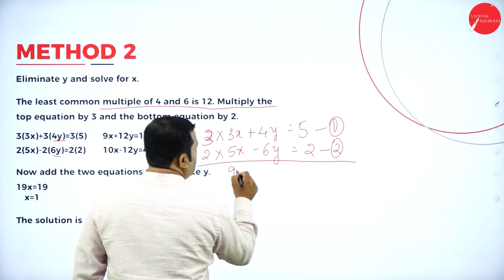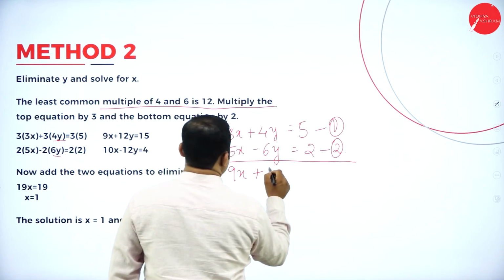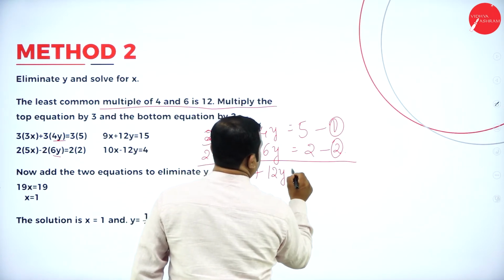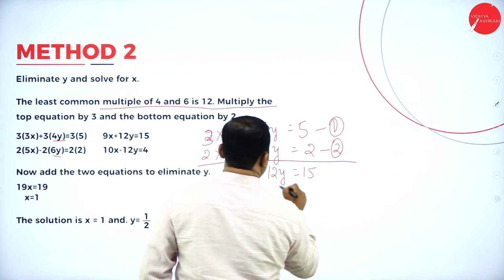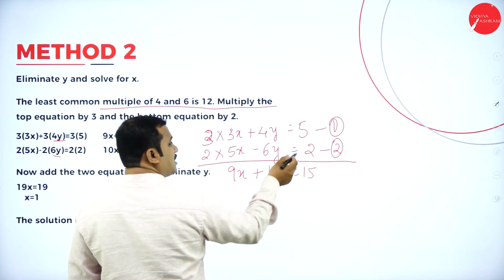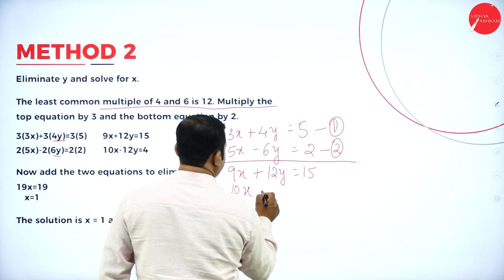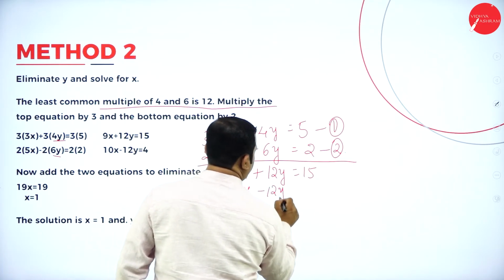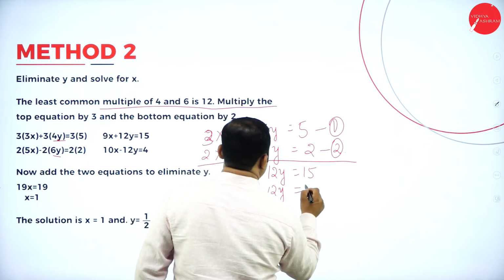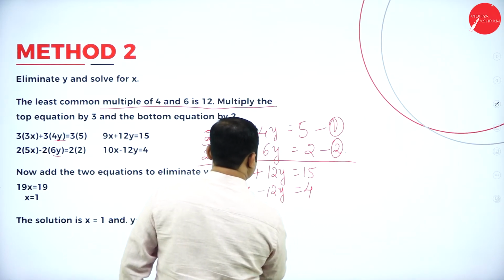That is 9x plus 12y is equal to 15. Then if I further simplify the second equation, I will get 10x minus 12y is equal to 4. This is my original equation.